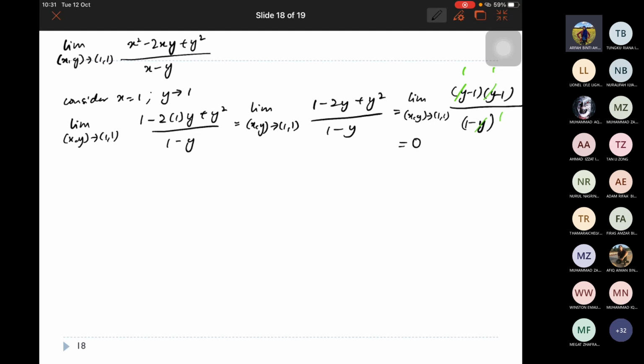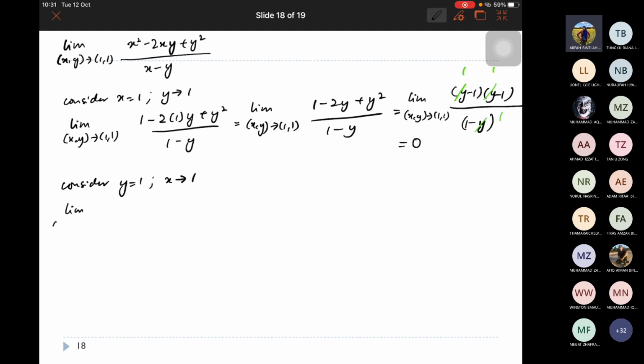So this one if you consider y approach 1. Then consider y sama dengan 1, x is the one that approach 1.